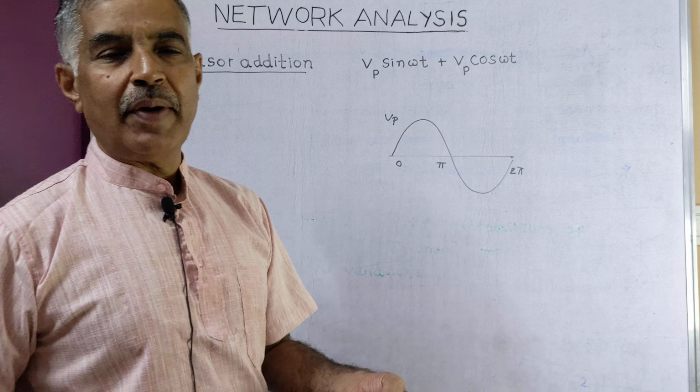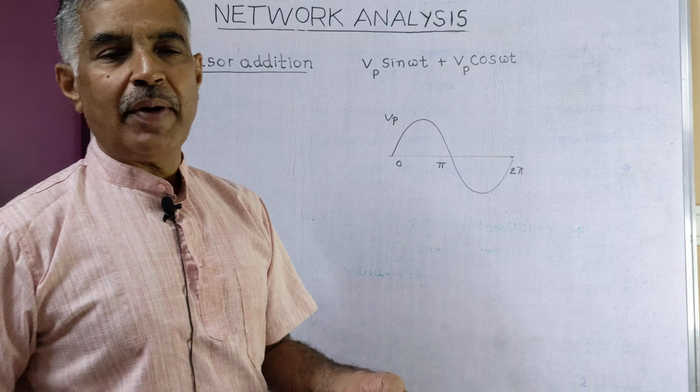A cosine wave is represented like this. So the cosine wave is ahead of the sine wave by 90 degrees or pi by 2 radians.